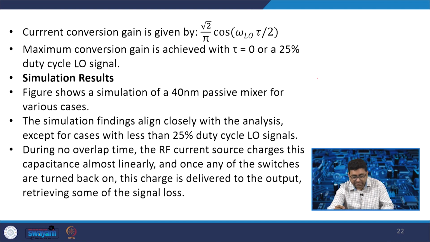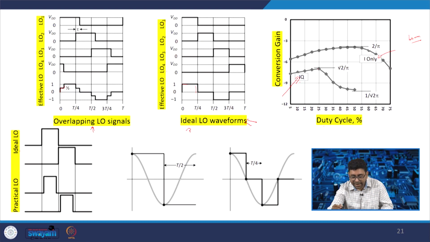The technology used is 40 nanometer passive mixers, and that will give the maximum gain of root 2 by pi at 25% duty cycle. So, if the duty cycle is 25%, in the IQ case you will get a maximum gain of root 2 by pi, and if your duty cycle varies, then your conversion gain will reduce.